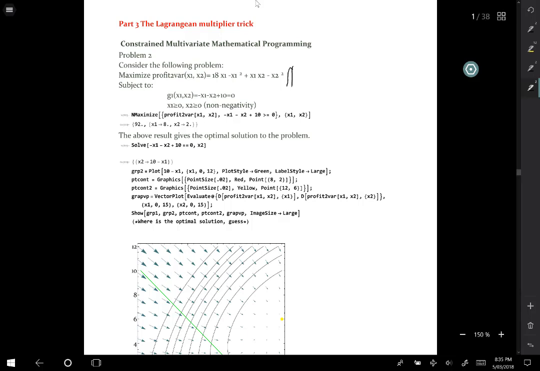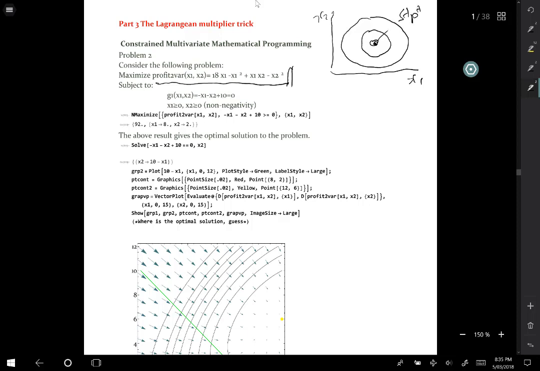So far, when we've been looking at two variable problems, we've just looked at an objective function, and we've found ways of taking the objective function and using things like contour plots and 3D plots. Then we've found the stationary point.